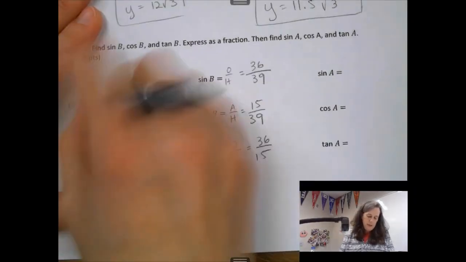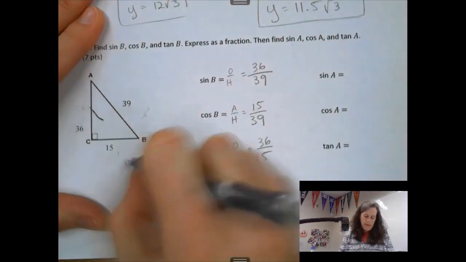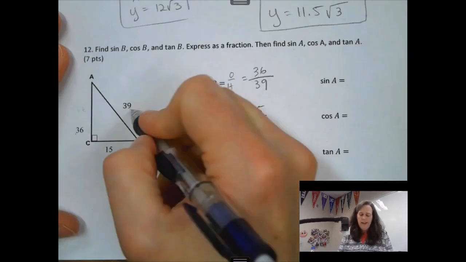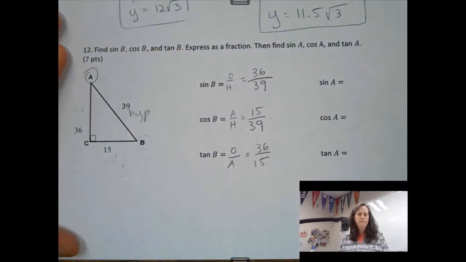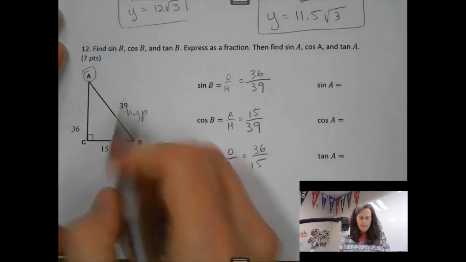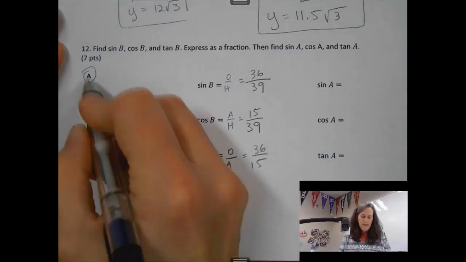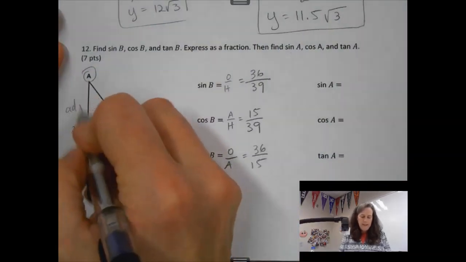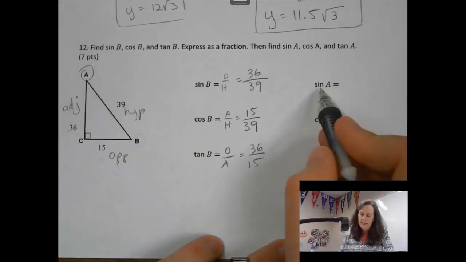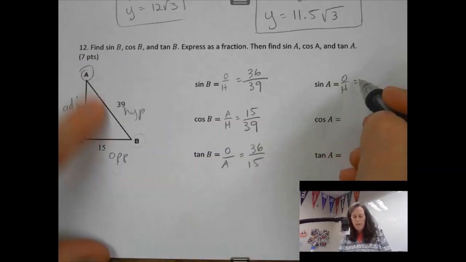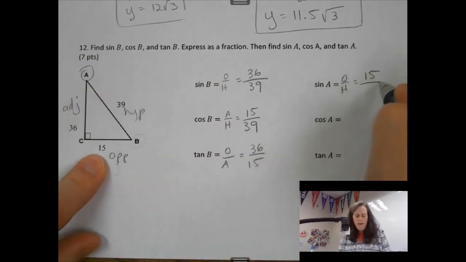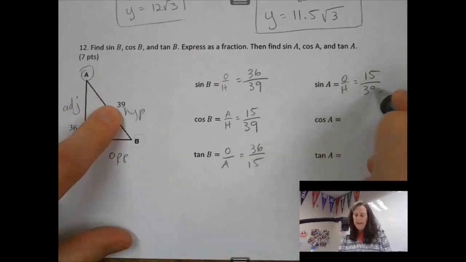The hypotenuse would stay the same, but we'll get rid of opposite, we'll get rid of adjacent. Hypotenuse will not change. This is our anchor angle. Opposite is 15. Adjacent is 36. So let's do this. Sine, still opposite over hypotenuse. So opposite is 15. Hypotenuse is 39.